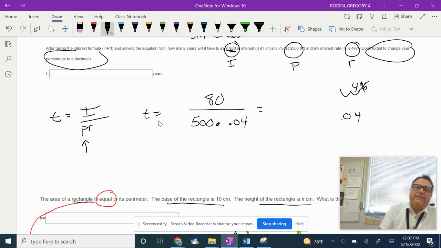Now 500 times 0.04 is pretty simple. 4 times 5 is 20, but then we have to move the decimal 2 places. So this is going to be 20 on the bottom and 80 on the top. And 80 divided by 20, well, that's just 8 divided by 2, which equals 4.